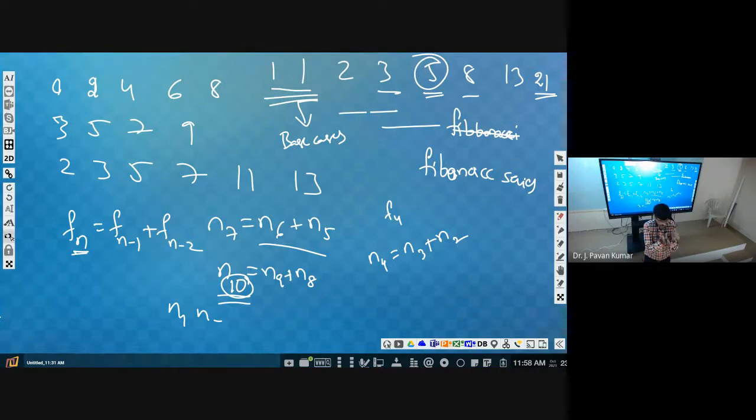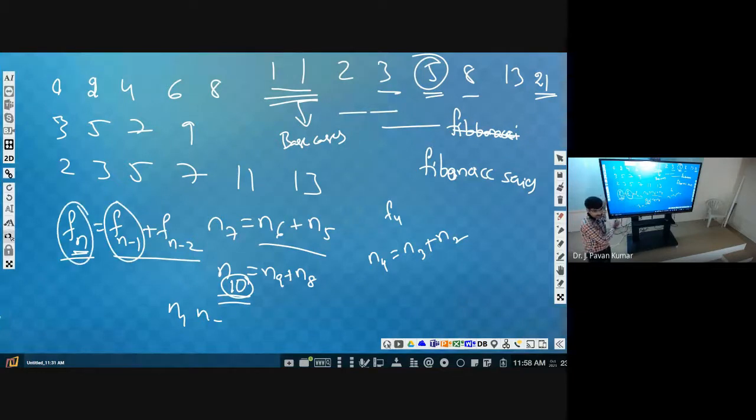Again, this is a problem. Now Fn we wanted to calculate, but we need these two. How will we get them? Again, by using this kind of formula only.